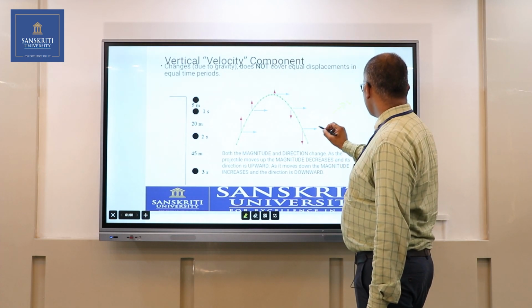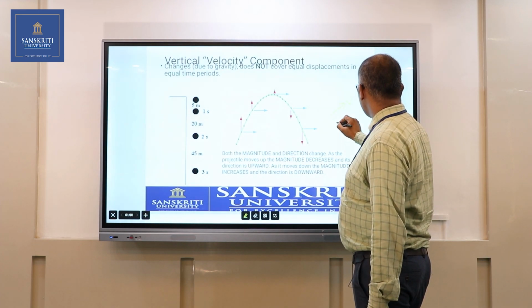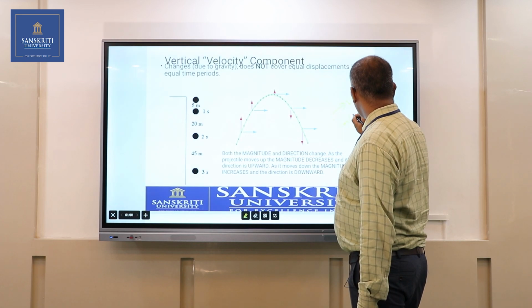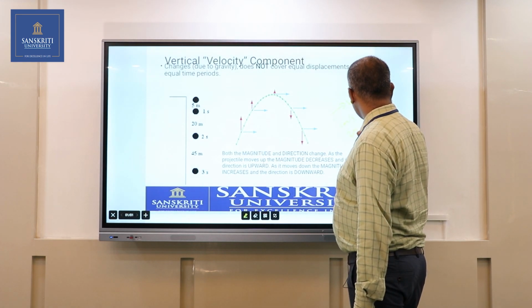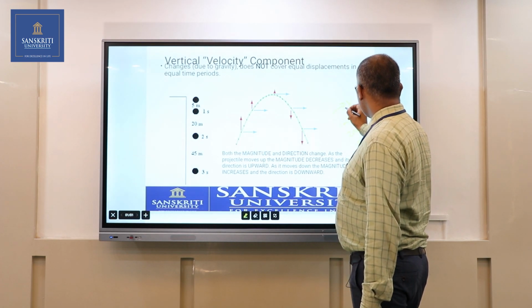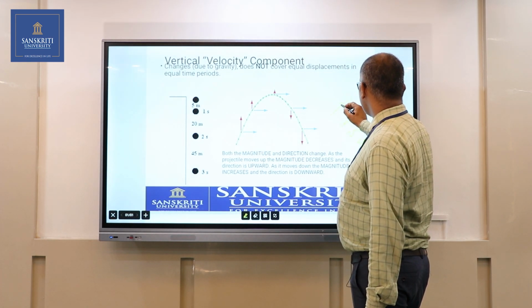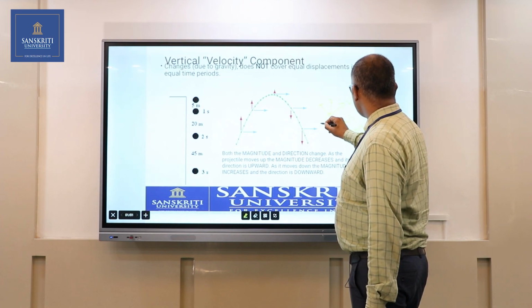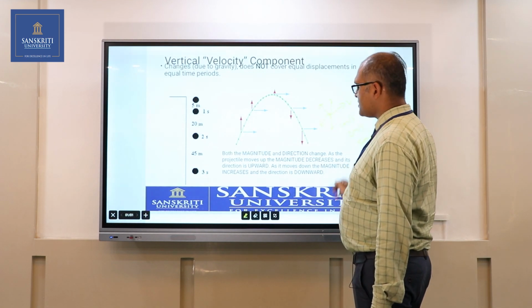It has a direction in which it is moving. Other is the magnitude, whether it is 1 meter per second, 2 meters per second, or 5 meters per second. This is the magnitude. And what is direction? Whether it is at this angle, this direction, or this direction. So these are the directions.